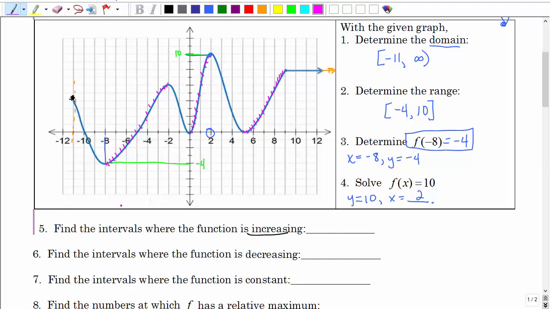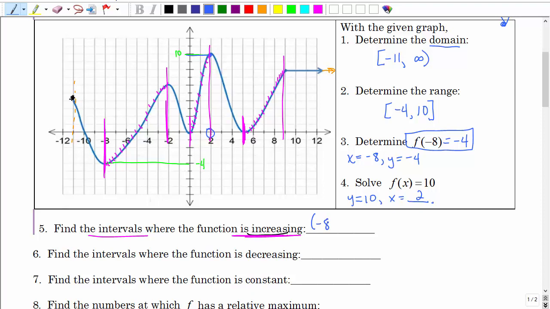So where in the domain, I want the x values where this is happening. So it looks like from here to here, from here to here, and I'm going to call that 5, close enough to here. So how do I write that? So they need to be open intervals, meaning use parentheses.